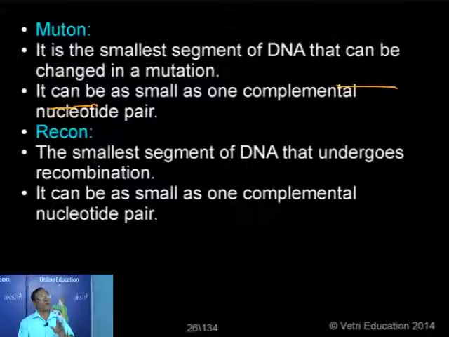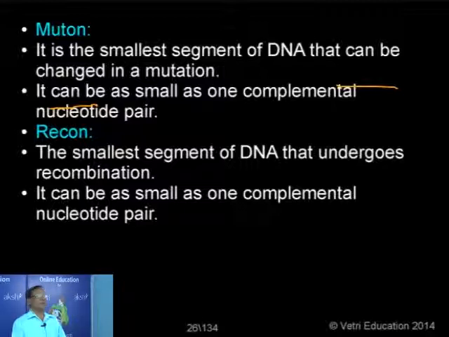The gene mutation frequency is very low. You can have about 1 in 100 million genes as the rate of mutation, as DNA is a highly stable molecule that cannot undergo mutation easily, but somehow mutation occurs, restricted to only one complementary base pair or nucleotide pair.